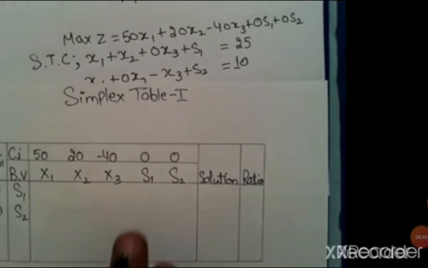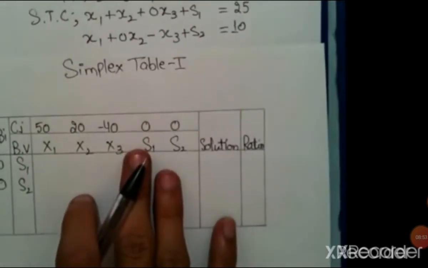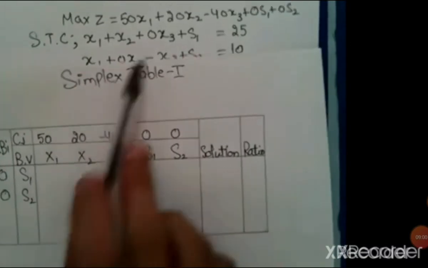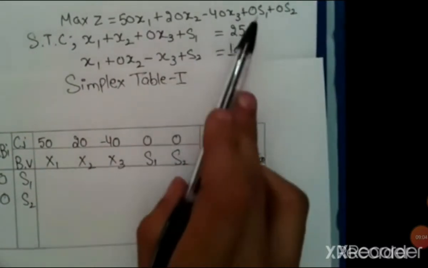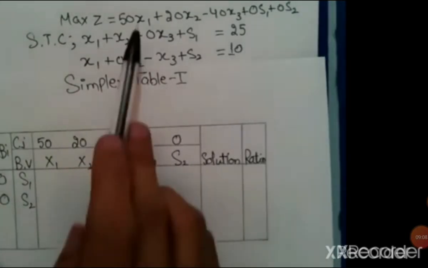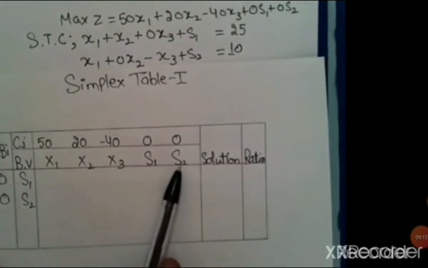So write down the coefficients. In the first row there is the s1 value, in the second row the s2 value. So this is 50, 20, minus 40, 0 and 0, the coefficients of the objective function for x1, x2, x3, s1, s2.